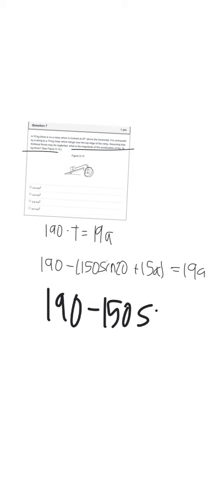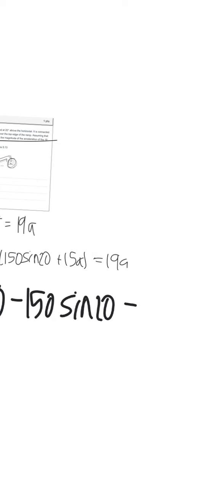So now that we have this equation, we can start simplifying. So we have 190 minus 150 sine 20 and set it equal to 19 plus 15a.